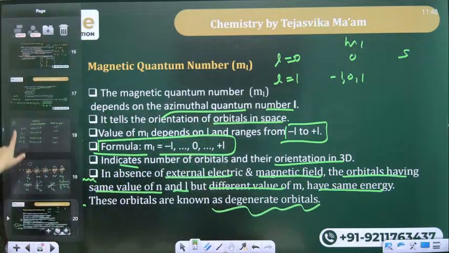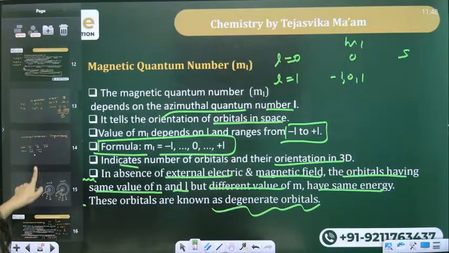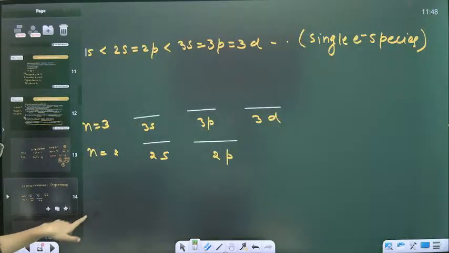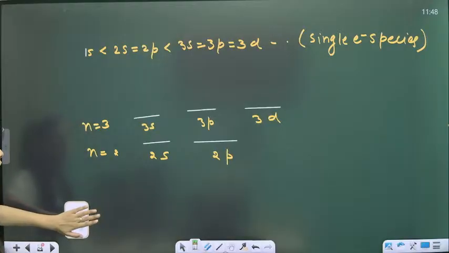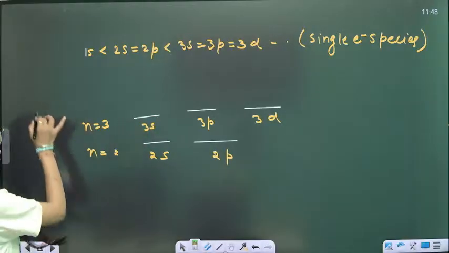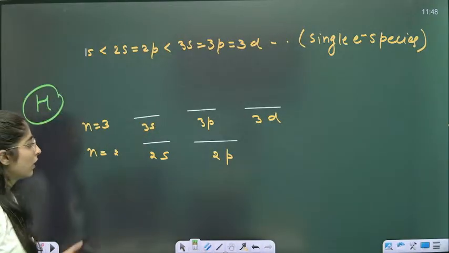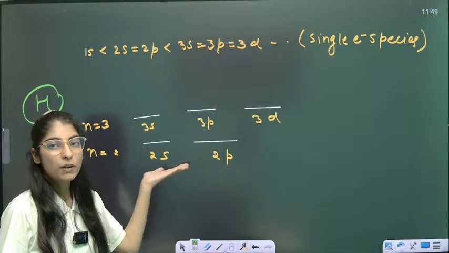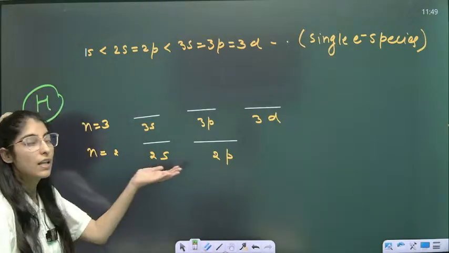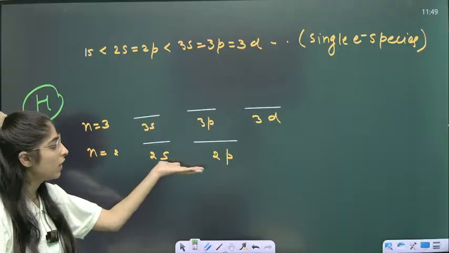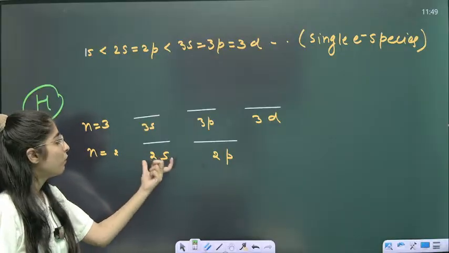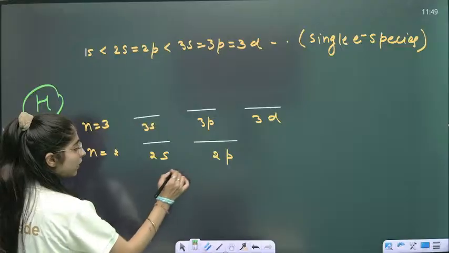And see on slide number 14, as I told you, you can see that for hydrogen-like species, the energy of 2s and 2p is the same.